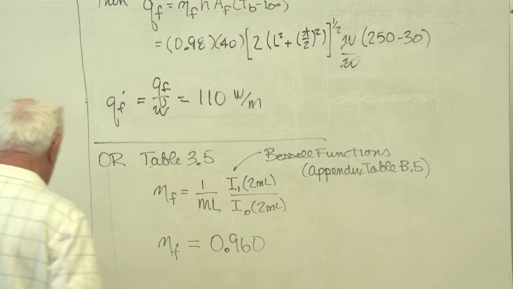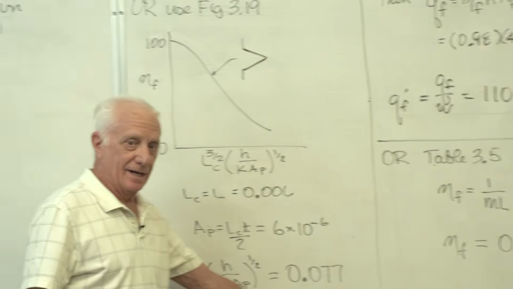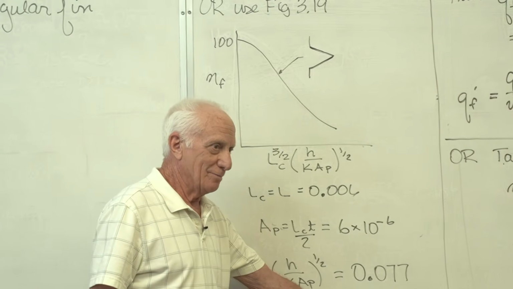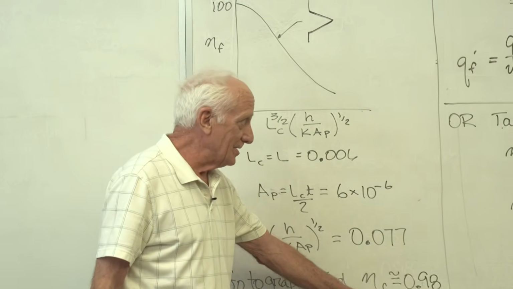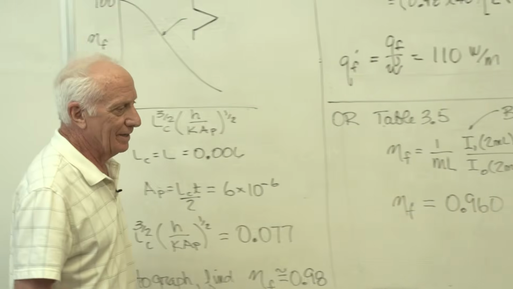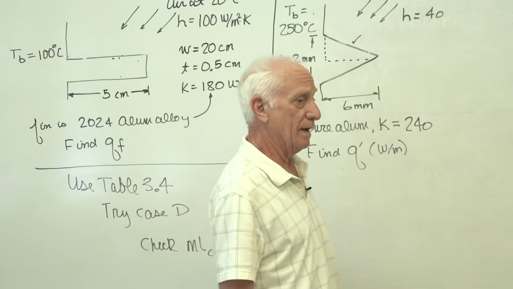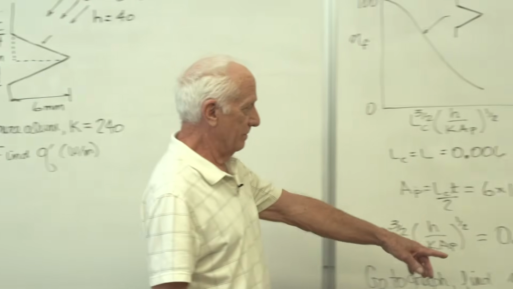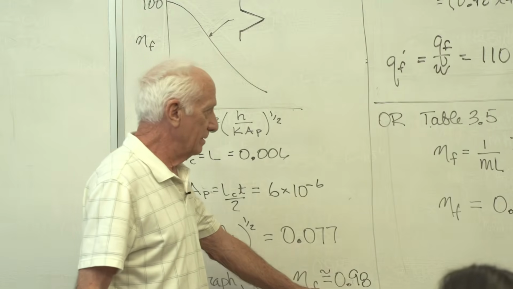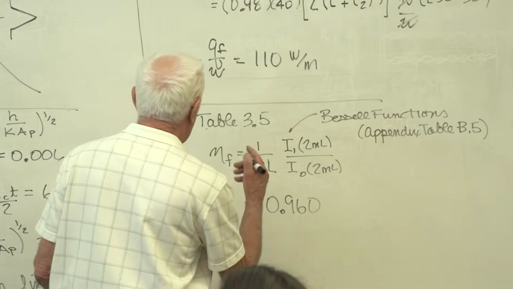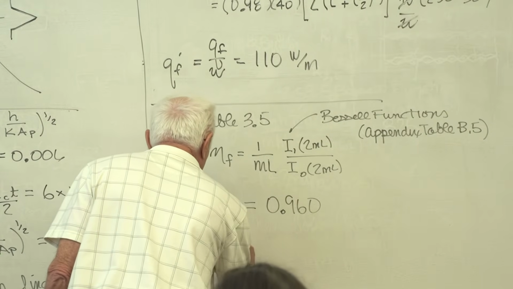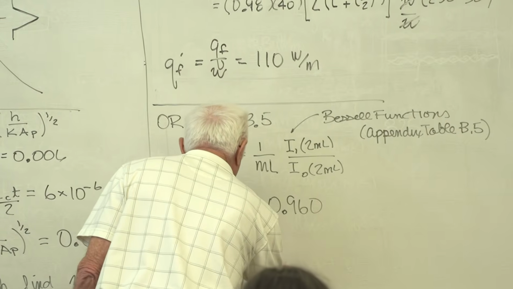From the graph, I read 98. If I put the numbers in the exact equation, I get 96. Okay, less than 2% error. That's okay. Reading the graph, it's not that bad. 98 is close enough to 96. And of course, then if you put that in there, then you get QF prime.